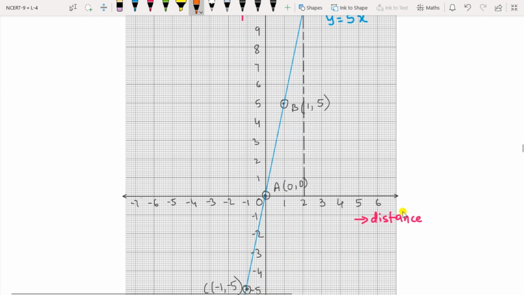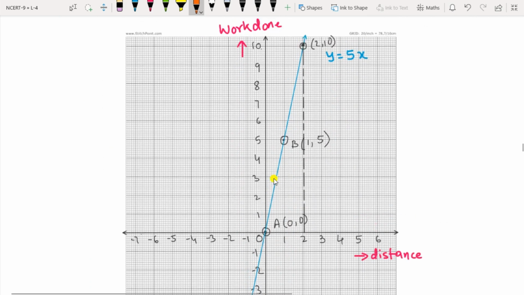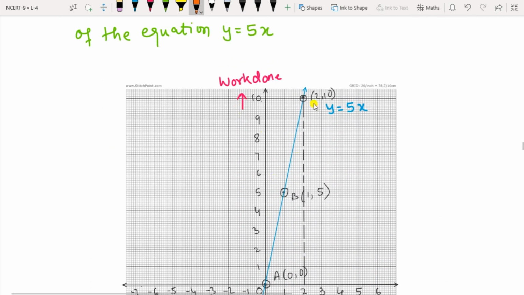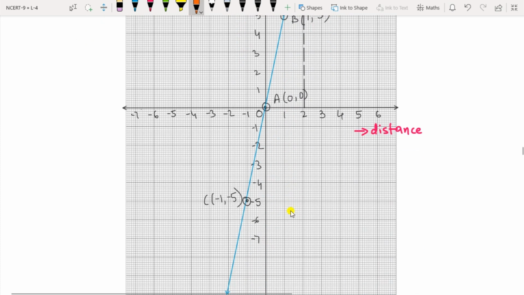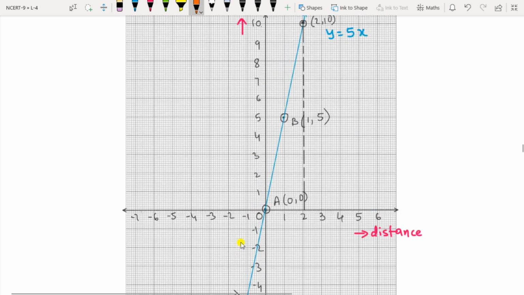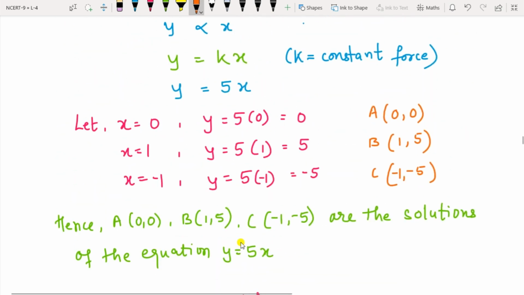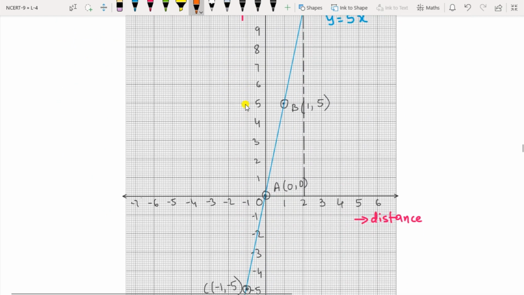Now on the graph paper, you have to take x-axis as the distance and y-axis as the work done here, and plot the points that you have got, A, B and C. So these are the points, and draw the line joining the points. Since this is a y equal to kx type of equation, the graph always passes through the origin, that we have seen earlier in the remark.